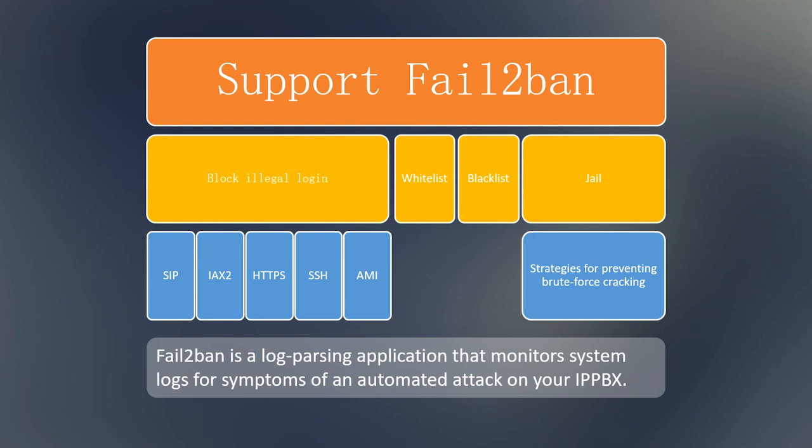When someone tries cracking the SIP, HTTP, SSH, AMI violently, fail2ban will block the attacker's IP with the firewall as long as the frequency of attacks reaches the preset. On the internet, some malicious attacks like spiteful scanning and password cracking are unavoidable, but fail2ban will ensure the safety of the system.